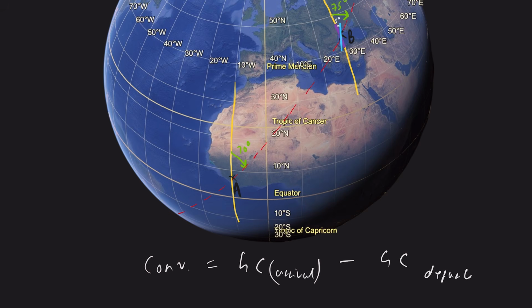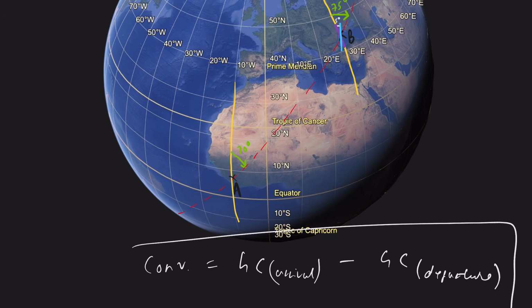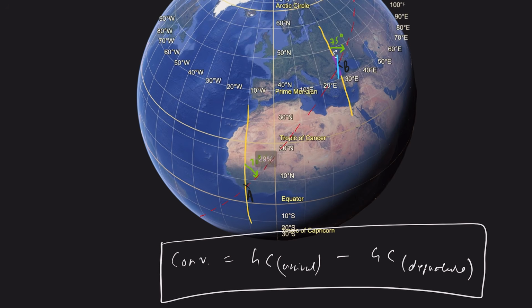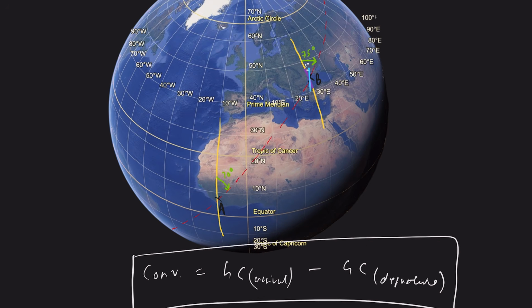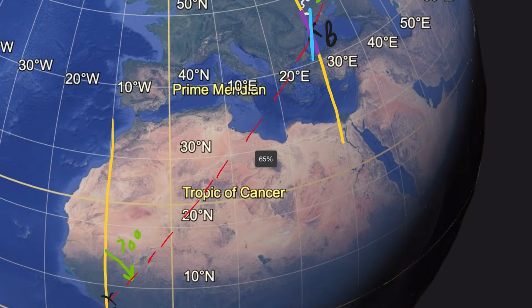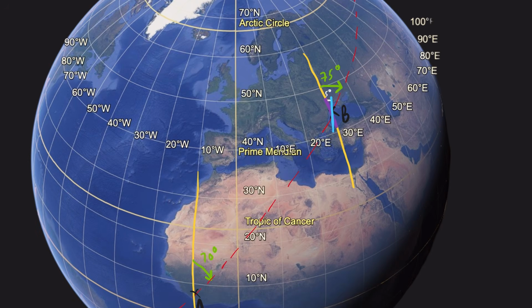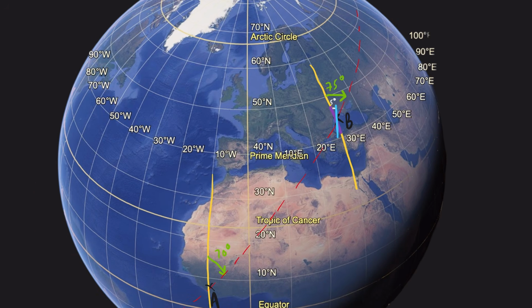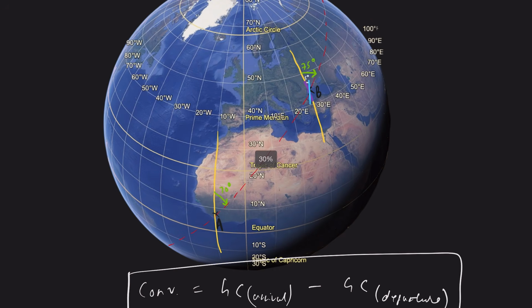So my great circle bearing at the arrival aerodrome minus the great circle bearing at the departure aerodrome will also be equal to convergency. So in this case, it will be 75 minus 70, which is equal to 5 degrees. Now, I told you that there will be a revised formula for convergency as well, in which we will use mean latitude.